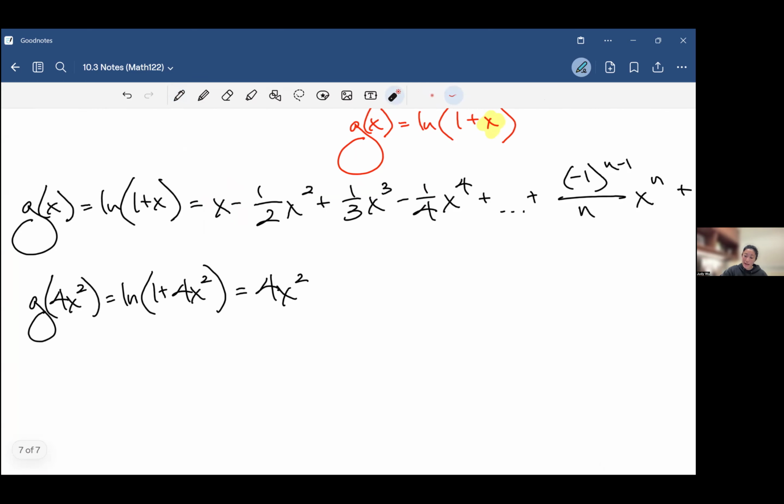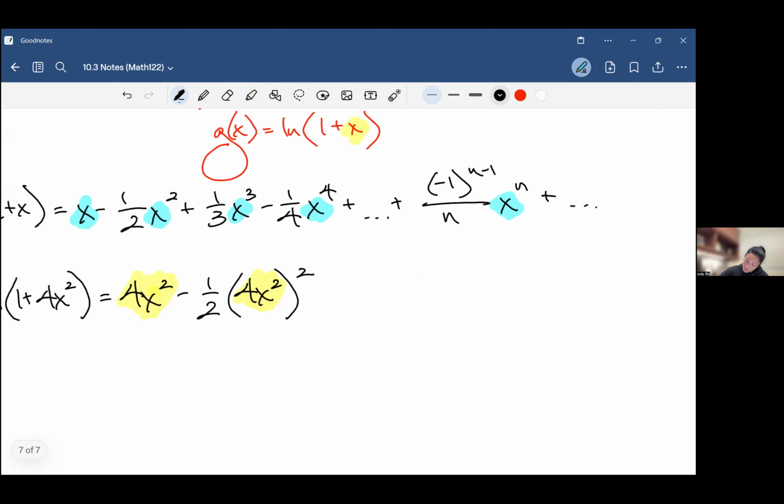No more 1/2 x squared. Instead, we have 1/2 times 4x squared, squared. Okay, so this is where we're substituting things, and we are substituting in something that looks bigger, but I think as soon as you stick the parentheses around there, it makes it a little easier.